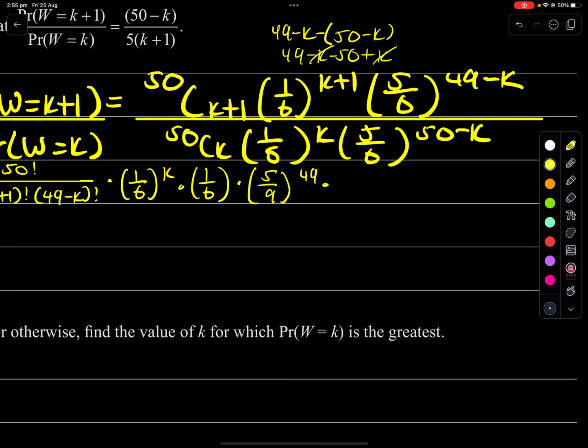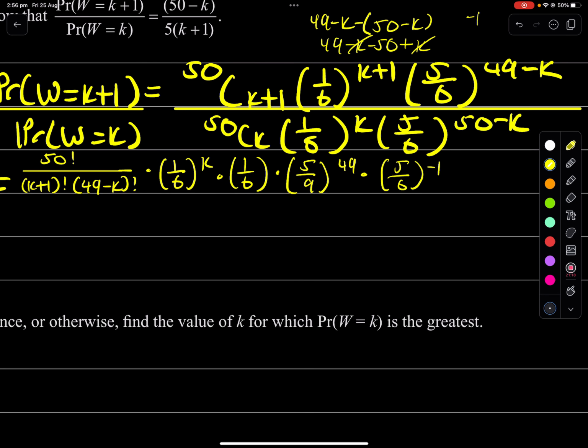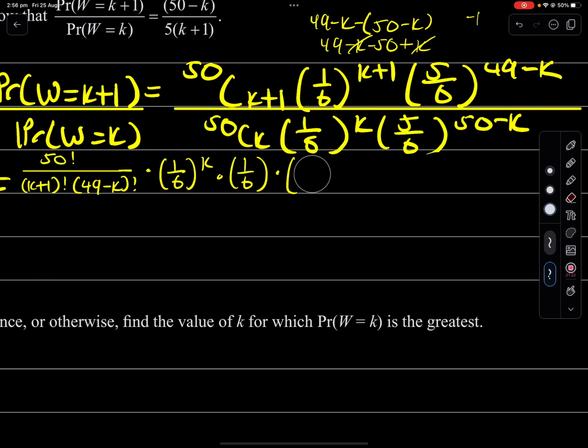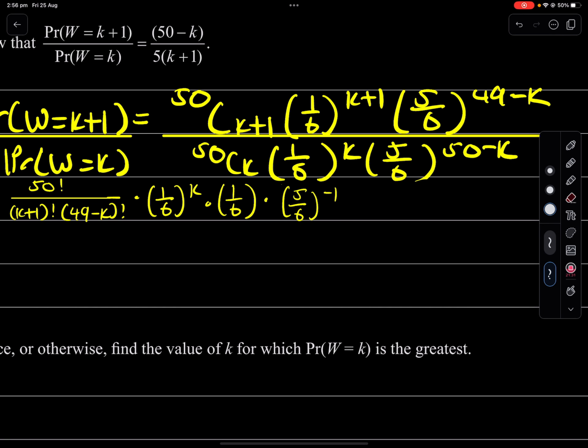These cancel out. 49 minus 50 is -1. But then we reciprocate it, so we can say 5 on 6 to the -1. That's much faster, so let me just rub that out. We can say this 5 on 6 to the minus 1. Just rub that out. Okay, perfect.